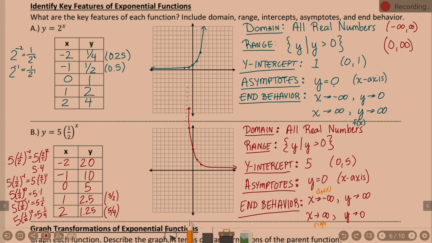So x approaching negative infinity is as we go left. X approaching positive infinity is as we go right. Y approaching positive infinity is the graph going up. That's fancy speak for up. Now, y approaching 0, that's we're running along the asymptote. Okay, so that is your asymptote there.